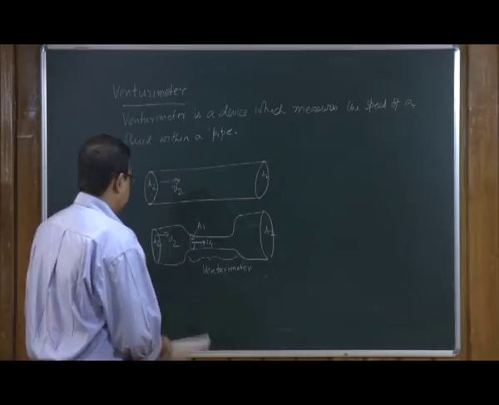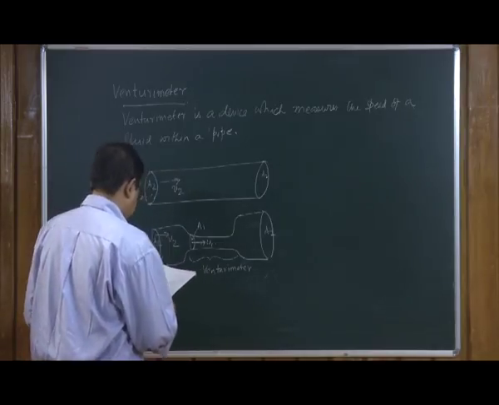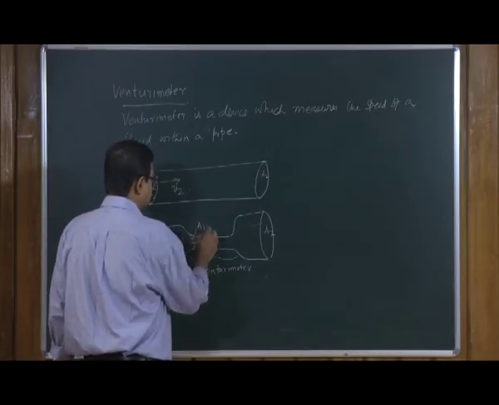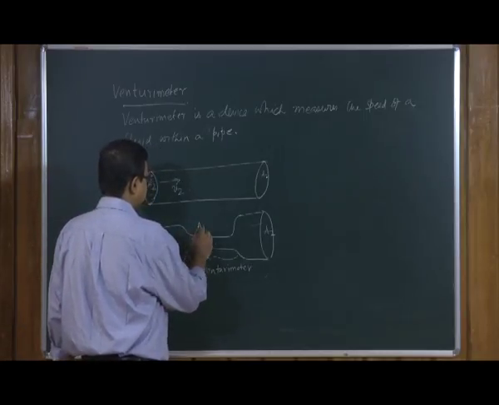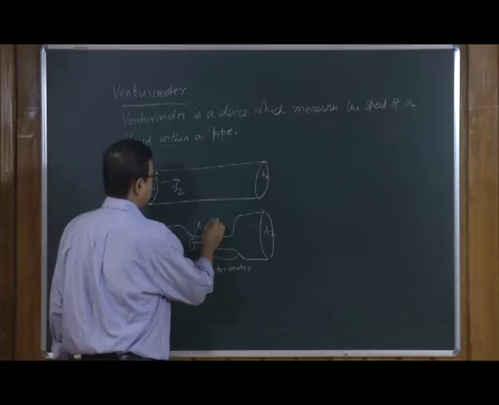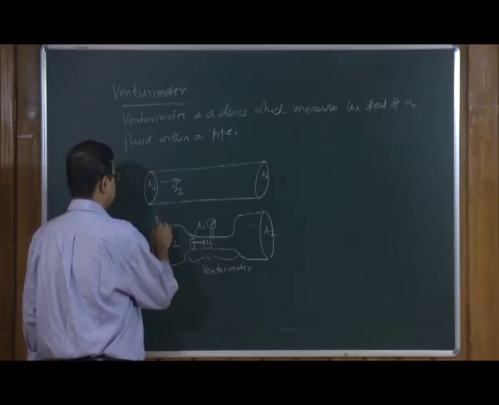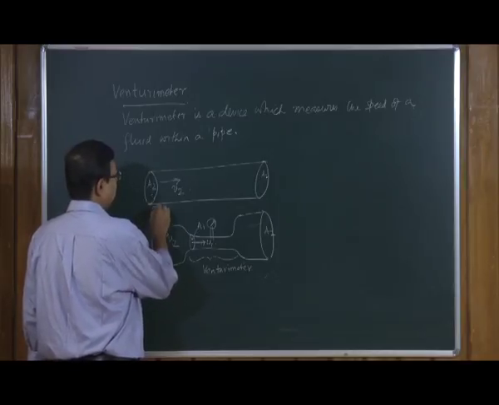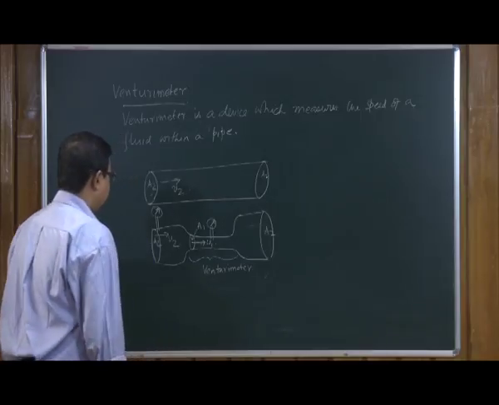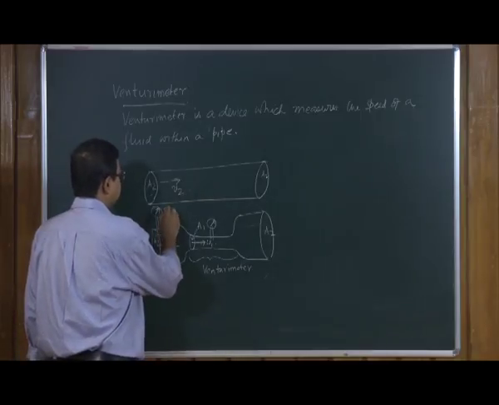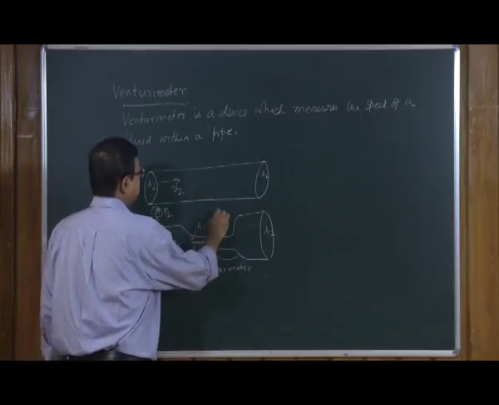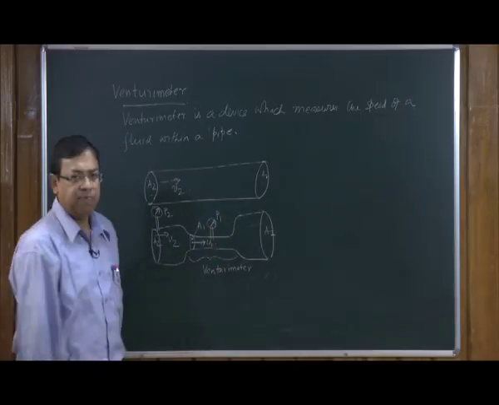Now, it is clear that we can measure pressure at this place by introducing a pressure gauge. This will measure pressure here, and another pressure gauge will measure the pressure here. So, this measures the pressure P2 and this measures the pressure P1.